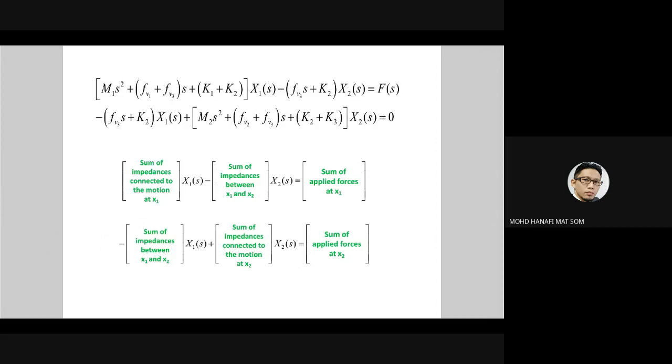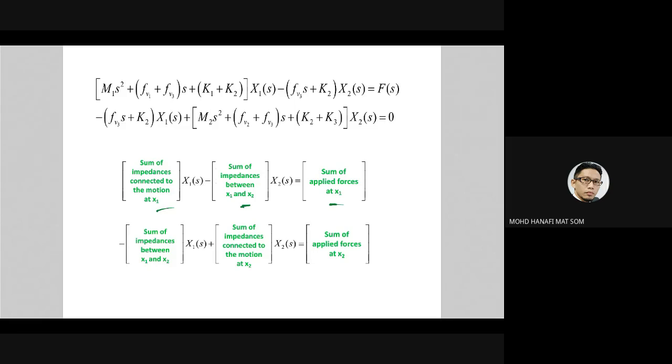So this is a summary of the example that we have done just now. This is the sum of impedances connected to the motion at X1, minus the sum of impedances between X1 and X2, equals the sum of applied forces at X1.